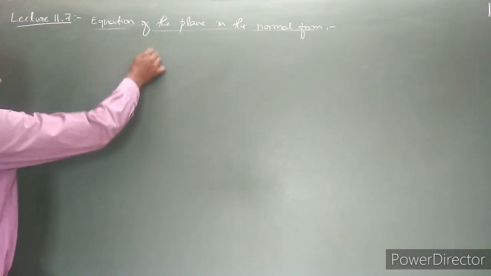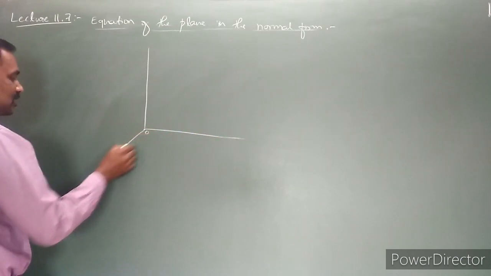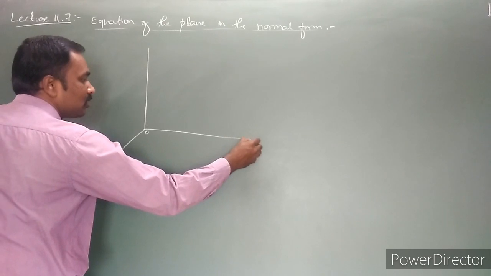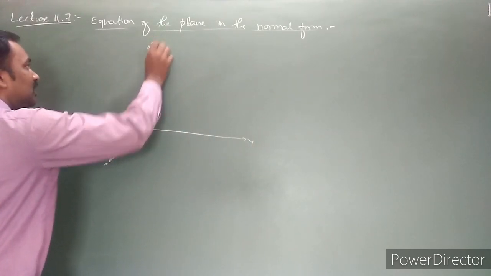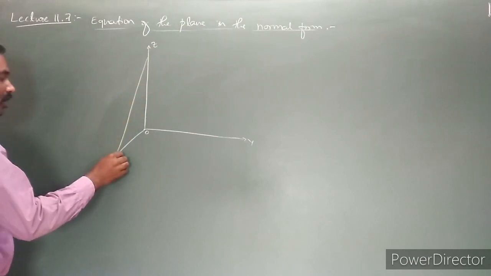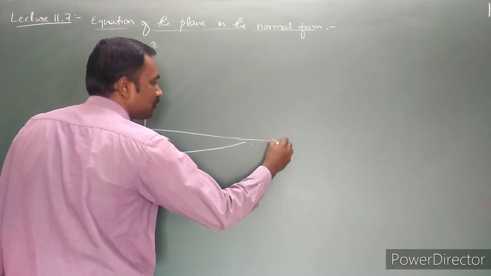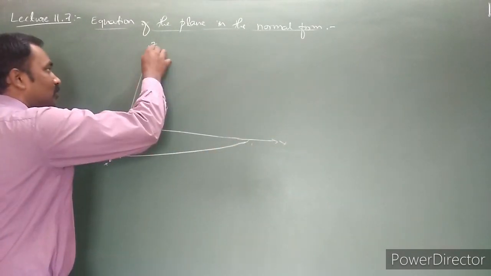Okay, so I consider 3-dimensional space, with the x, y, and z axes. Suppose one plane is there. Suppose the plane is in this manner.